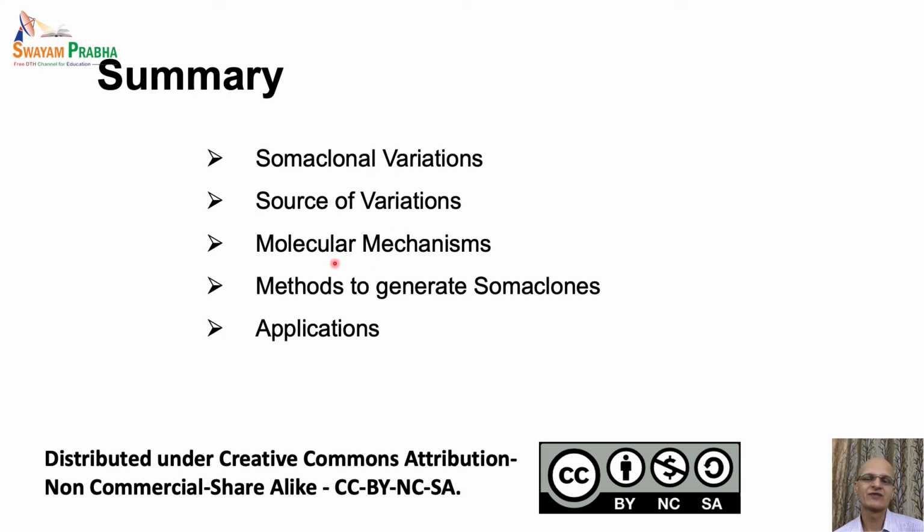Then we talked about the molecular mechanisms that cause these variations, like changes in chromosome number and structure, gene mutations, DNA amplifications, or epigenetic changes. Finally, we talked about the various methods used to generate somaclones, followed by their advantages, disadvantages and various applications for crop improvement.